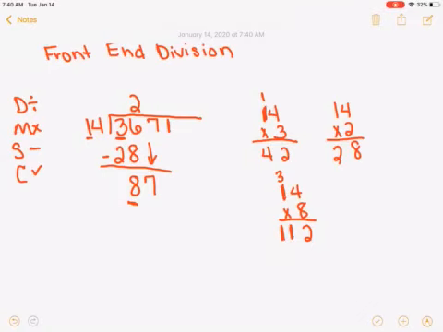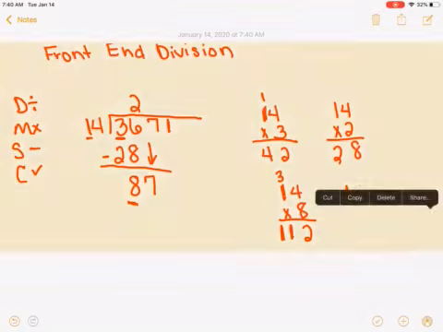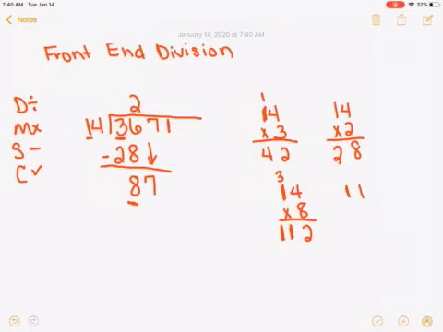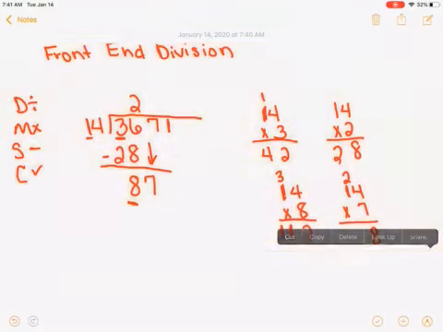So now we've got to go down again. So let's do 14 times 7. 28, 7 times 1 is 7, plus 2 is 9, so 98. So that one is too big as well, correct?